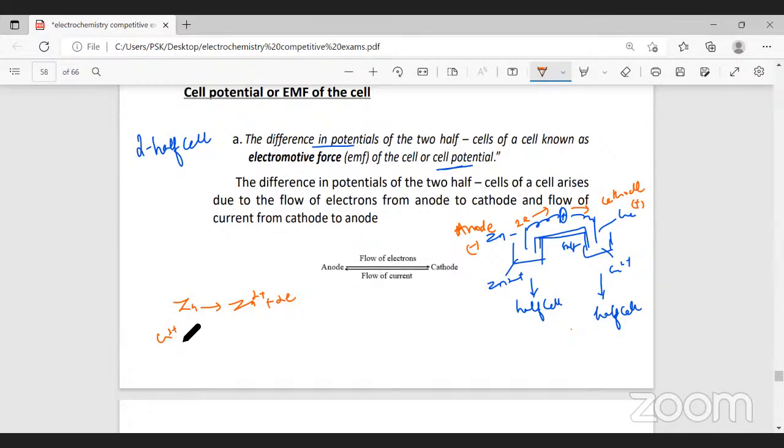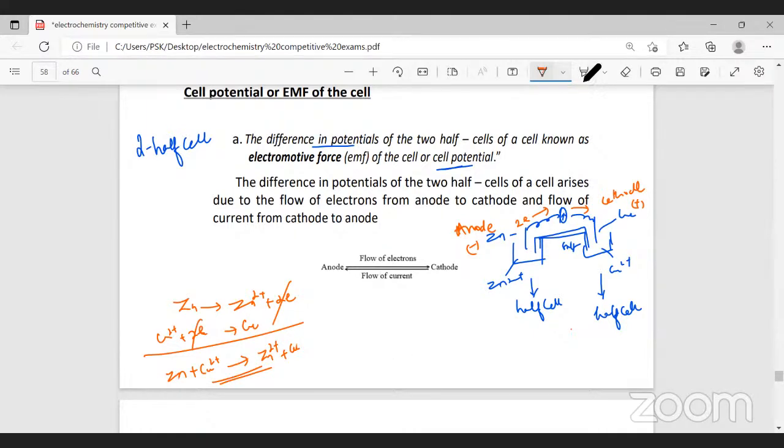At copper, the Cu2+ ions will accept 2 electrons and get reduced to copper. This is the half cell reaction at the zinc electrode and this is the half cell reaction at the copper electrode. When you add the two equations, we get Zn plus Cu2+ giving you Zn2+ plus Cu. This is the overall reaction of Daniel's cell.